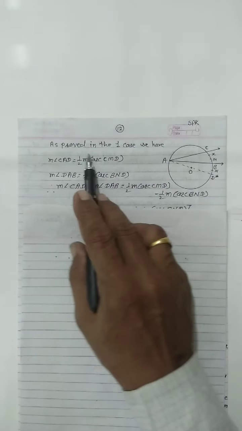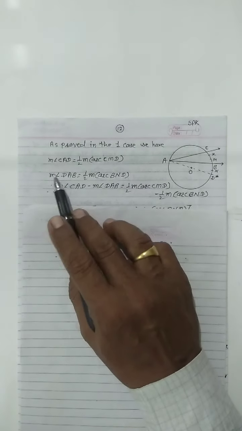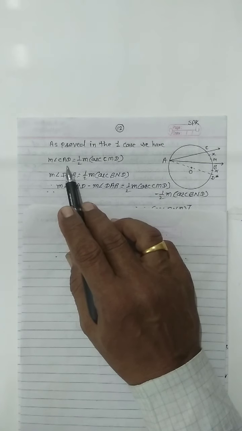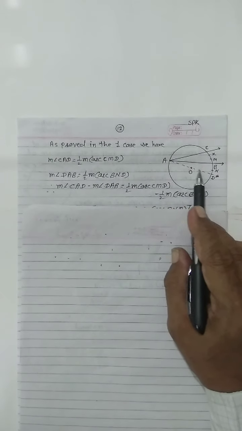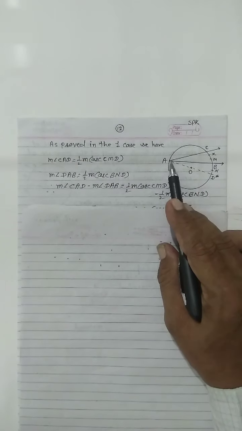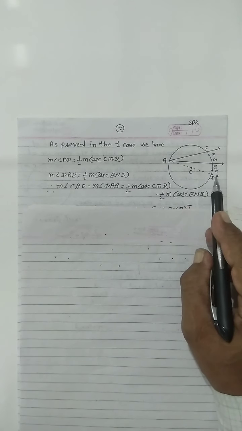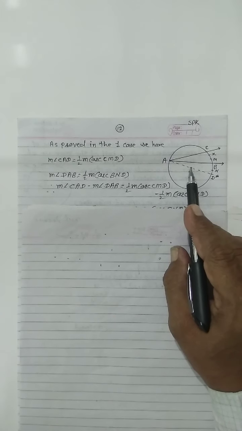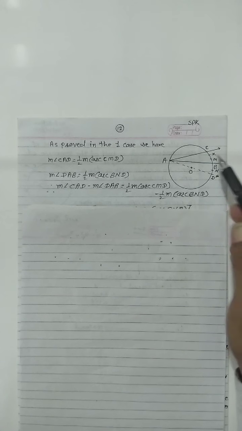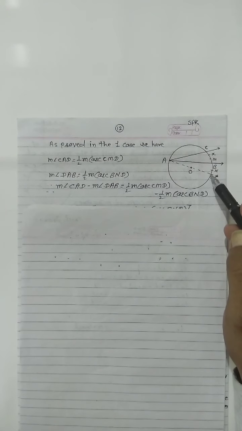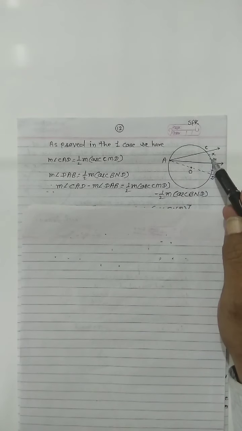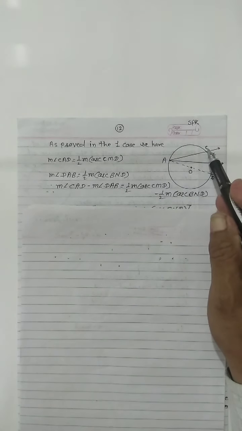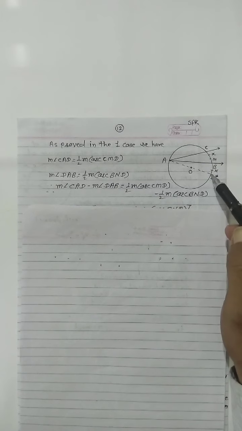Now as proved in the first case, we have measure of angle CAD. Here the center lies on one of the sides of the angle. Then we write down measure of angle CAD equals 1/2 measure of arc CMD.